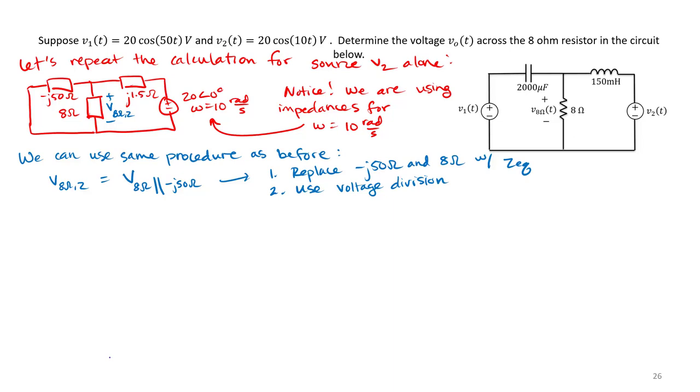So if we go ahead and do that, we determine our Z equivalent is just going to be the 8 ohm resistor in parallel with the capacitor. Notice now we have that negative sign again, so we do have to watch out for that, because the capacitance has a negative value. We have negative J50, or 50 angle negative 90 degrees. Then we divide by 8 minus J50.